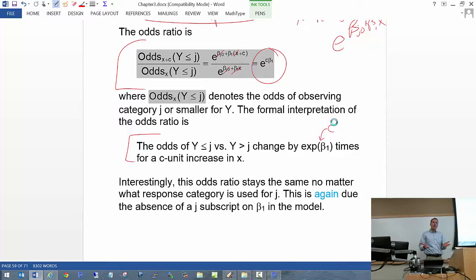But again, notice that j is represented here, but j is actually not in our actual number that we would form. And so it doesn't matter what you put in there for j, you're still going to have the same interpretation. So like with respect to the wheat example, whether j is representing the scab or the sprout level, it doesn't matter. It's going to be the same.